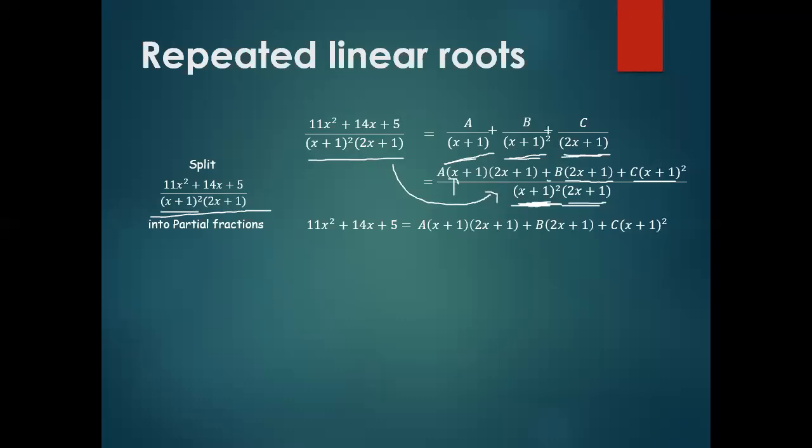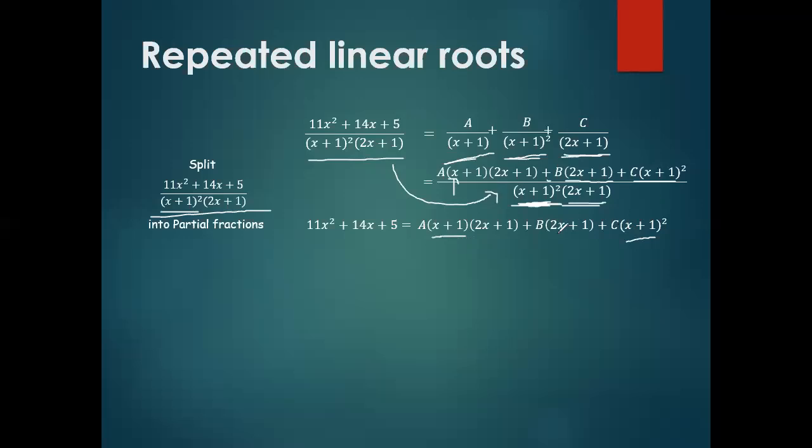So the question is, can we make anything zero here, or can we eliminate any of the terms? Yes, we should be able to, because look, A has x plus 1, C also has x plus 1. So if we let x be equal to 1, we can eliminate A and C to get B.